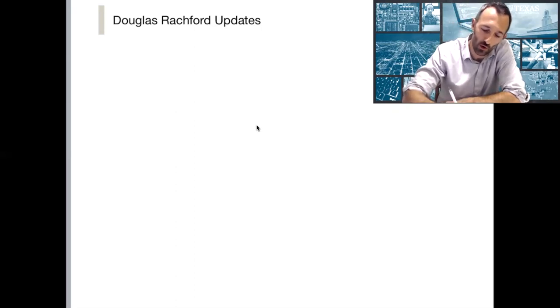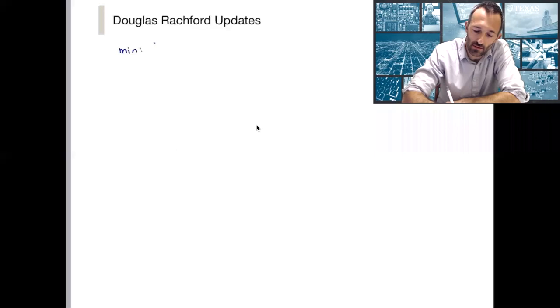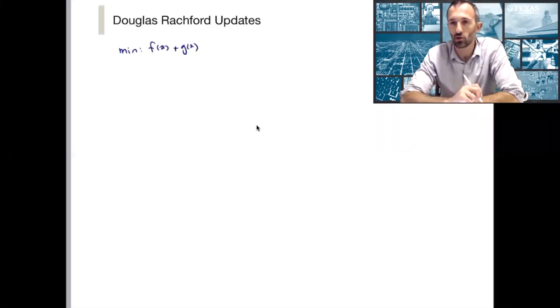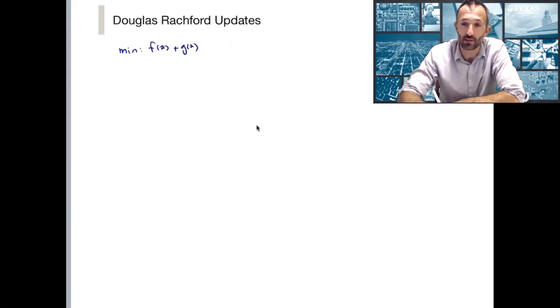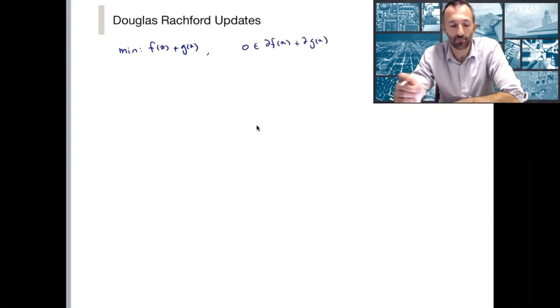So we're always thinking about something like this: minimize f of x plus g of x. The generalized equation that this is, of course, equivalent to in the presence of convexity is 0 is an element of the subdifferential of f of x plus the subdifferential of g.